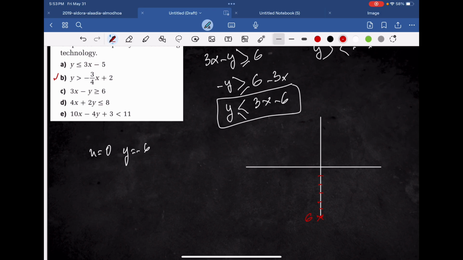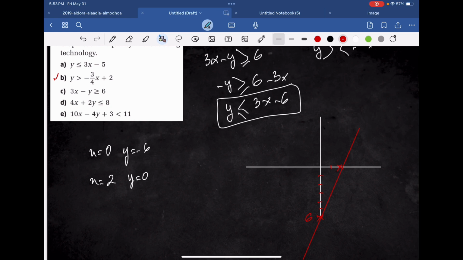The second point will be if x is equal to 2, my y will be 0. So 1, 2, this is the second point. Now we just draw a straight line that passes through these 2 points.